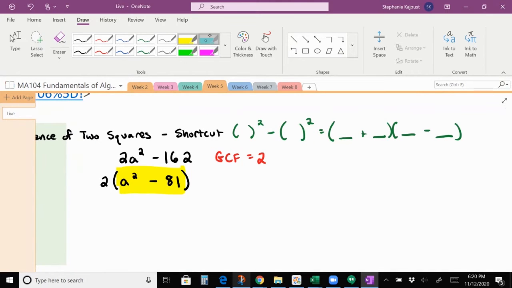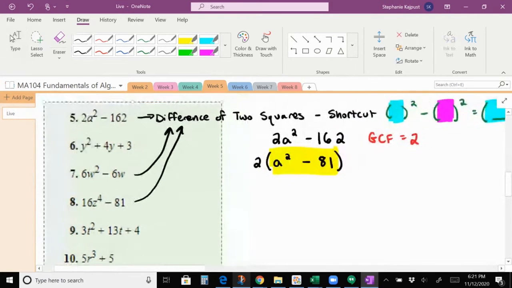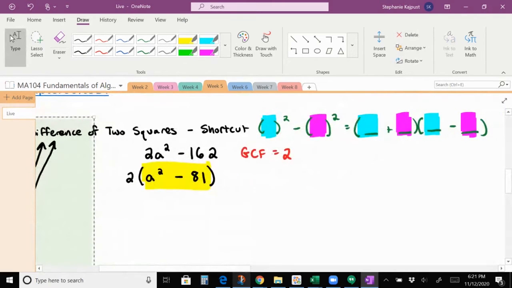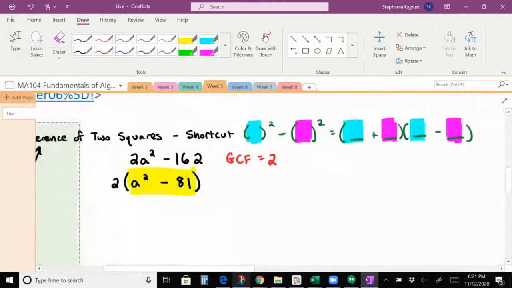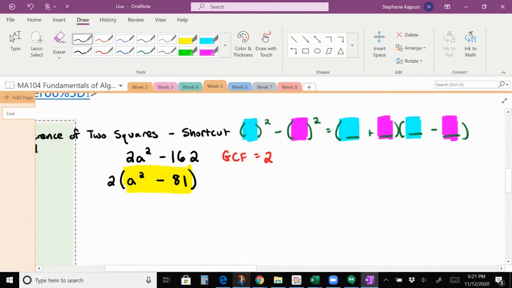So I'm going to use highlights here. We have first thing squared, and that goes in the front, and then second thing squared, and that goes in the back. So we have a squared minus 81. We know what the first thing squared is. That's a, because it's literally written that way.